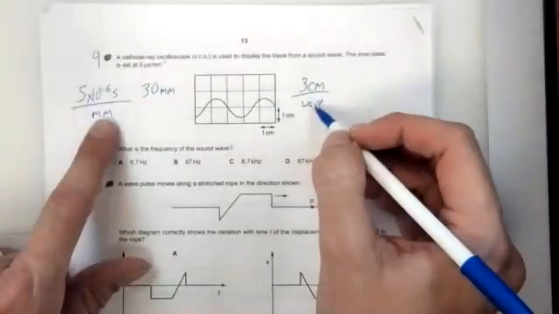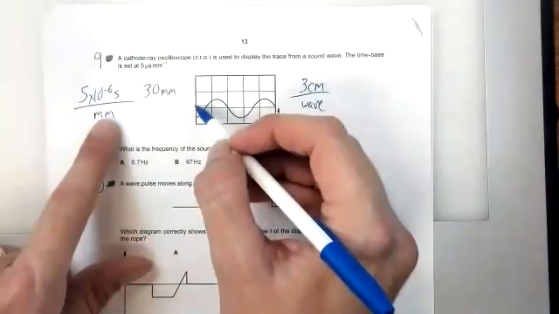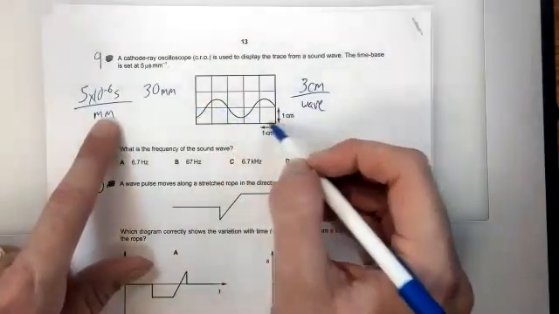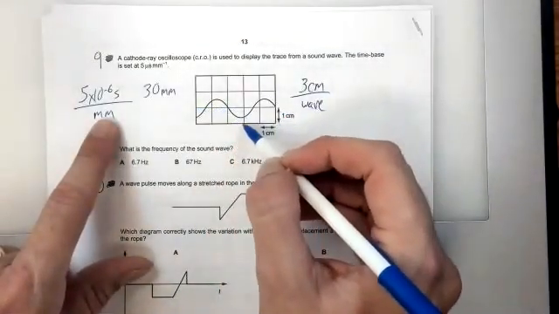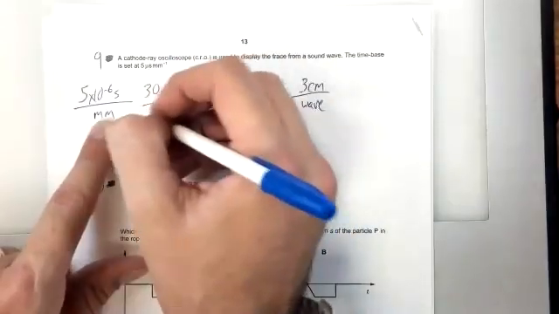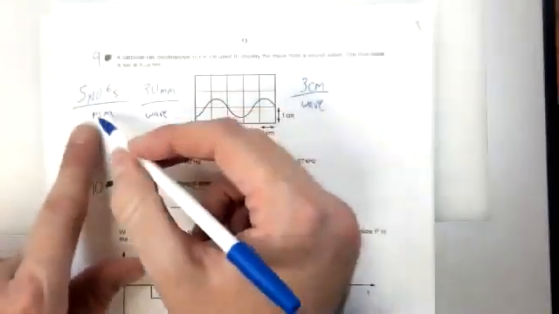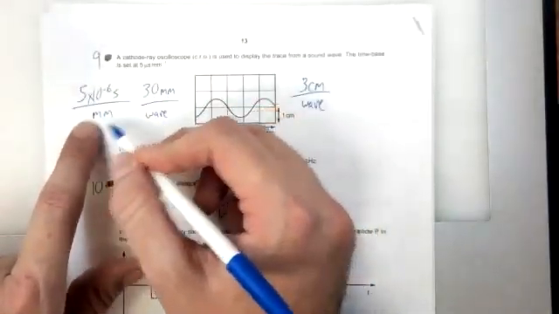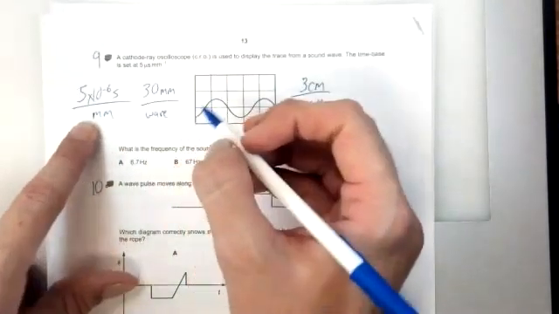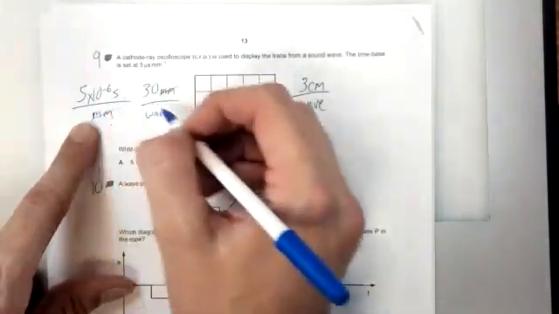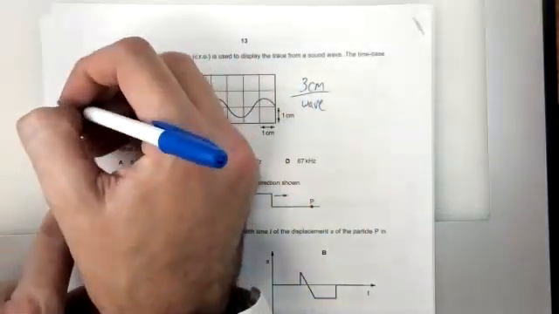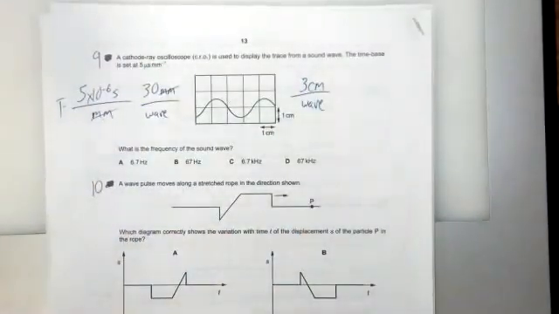If this is 1 centimeter, that's 10 millimeters, so 10, 20, 30 millimeters per wave. That's what I mean by just writing the words down and letting them take care of the calculation for you. When you multiply these, you'll have seconds per wave, which is the time period, which you can then take the inverse of.